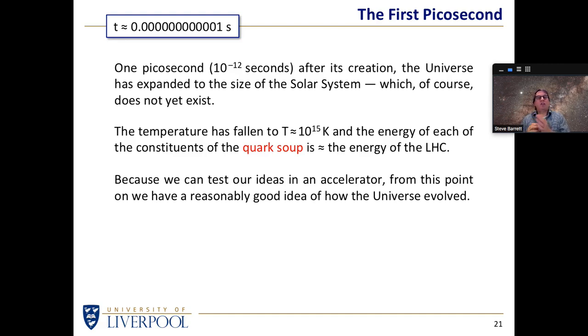That's why I said early on that from 1 picosecond onwards, from temperatures of 10 to the 15 Kelvin downwards, from this point onwards, we can test our ideas. We can have a hypothesis, we can test them by giving particles the same amount of energy as we're talking about here. Prior to a picosecond, we can't do that. We can't access the sort of energies we're talking about prior to 1 picosecond after the Big Bang.